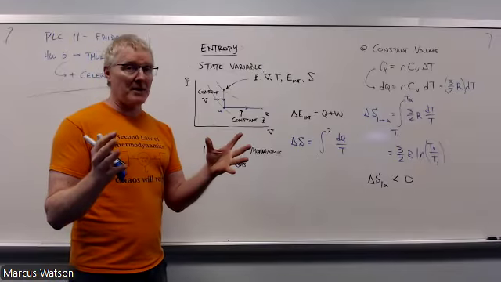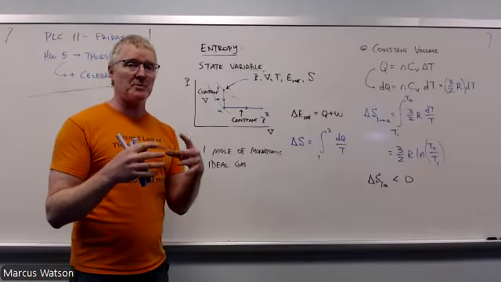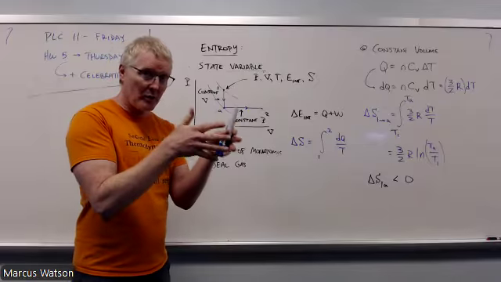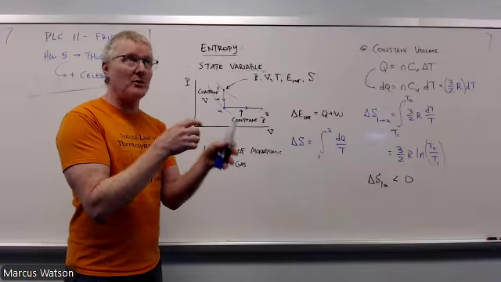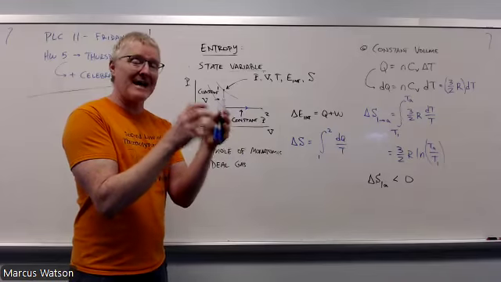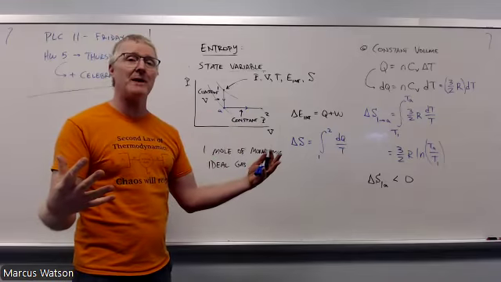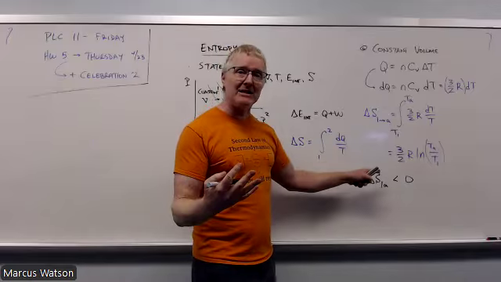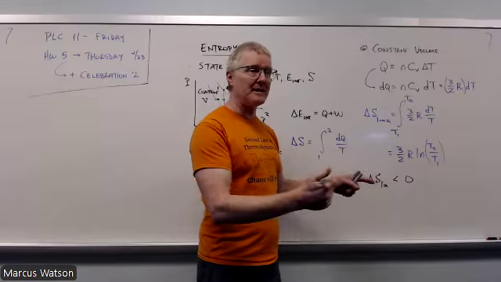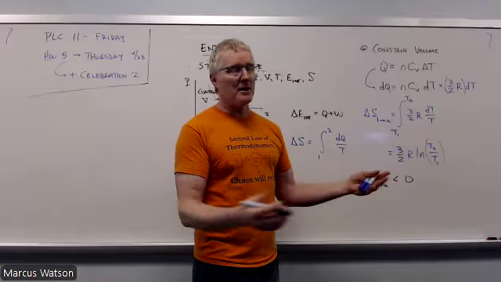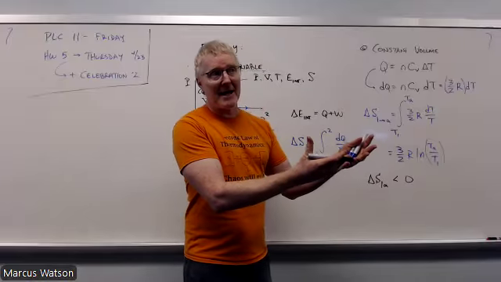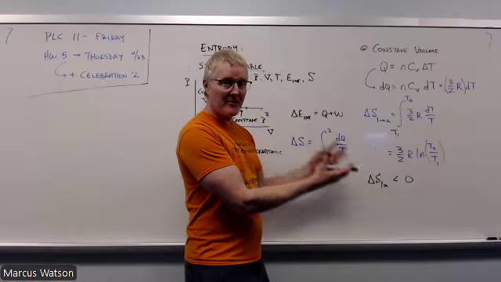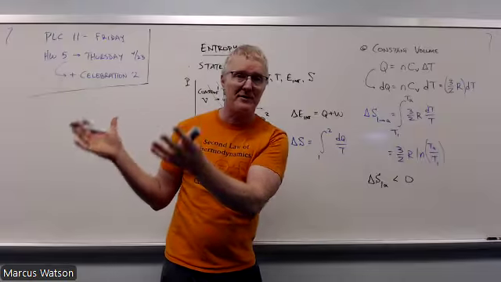It's totally possible to increase or decrease the entropy of things in isolation, because I'm looking only at that small piece as the system. I'm not looking at what it's interacting with. When you think about heat and the transfer of heat, this is energy, right? So that energy has to go somewhere. I can't just take the energy away from the ideal gas and suddenly say, poof, it's no longer here.